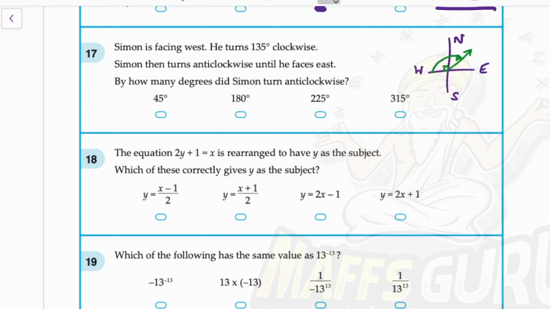Simon then turns anti-clockwise until he faces east. By how many degrees did he turn anti-clockwise? So he's going to go 135 degrees there, plus 90 degrees there, and plus another 90 degrees there to get him facing east. So I'm going to do 135 plus 90, which gives me 315 degrees.